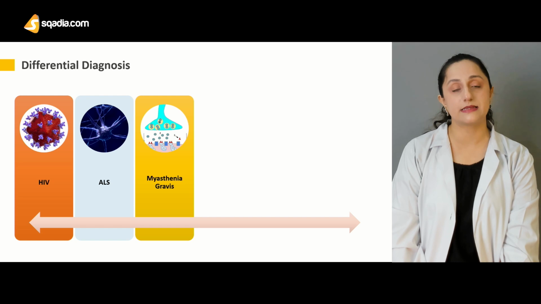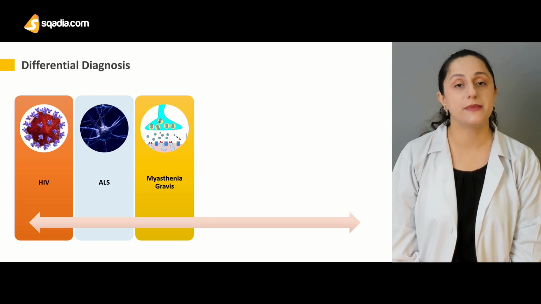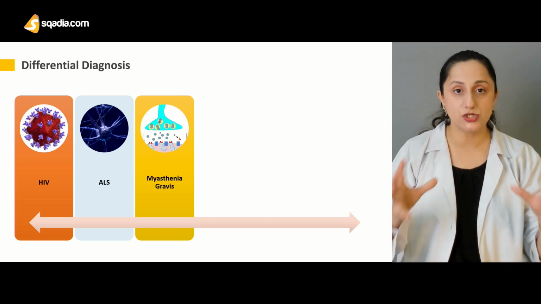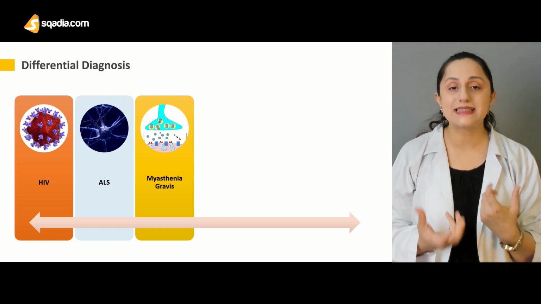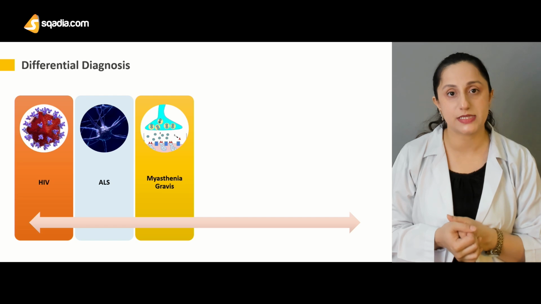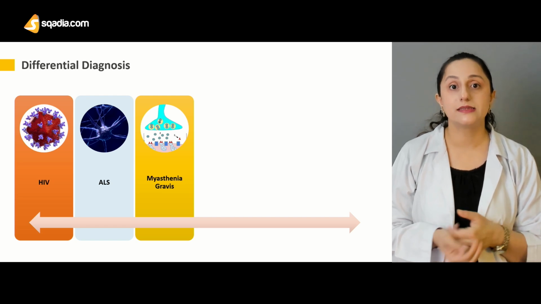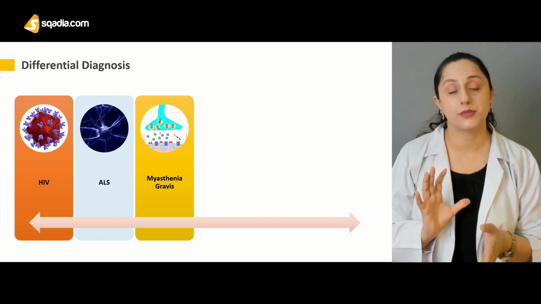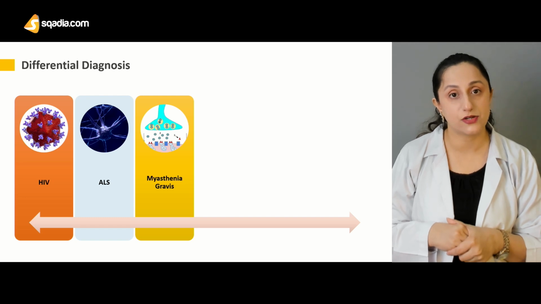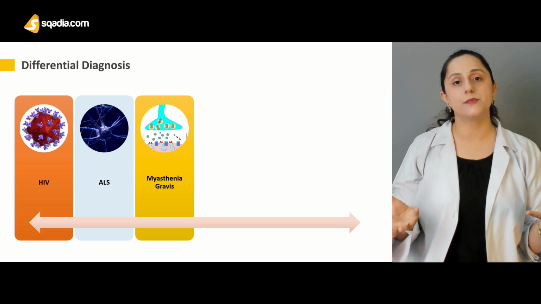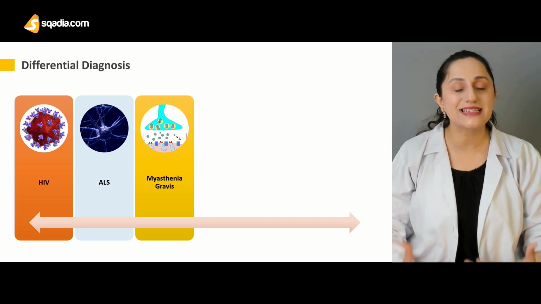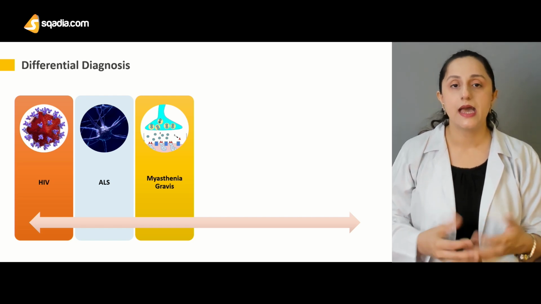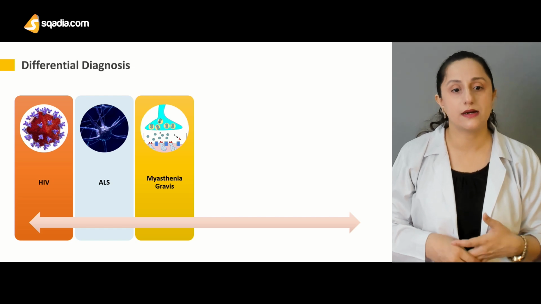Myasthenia gravis is another condition where the pathology is at the neuromuscular junction, and the acetylcholine reuptake is inhibited at this level, and this is the underlying pathology in cases of myasthenia gravis. Again, the clinical presentation is quite different. It starts distally and then moves proximally, and there is a particular history associated.